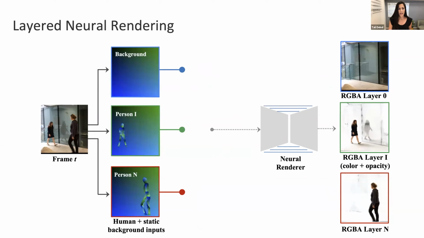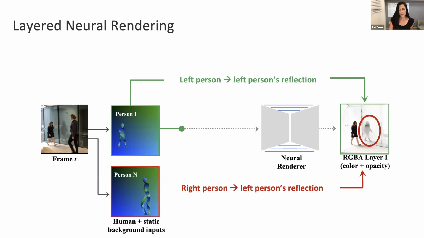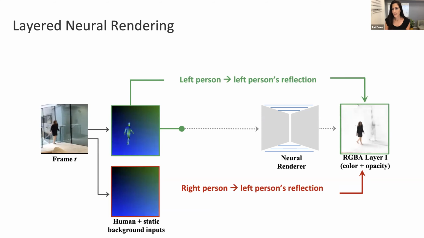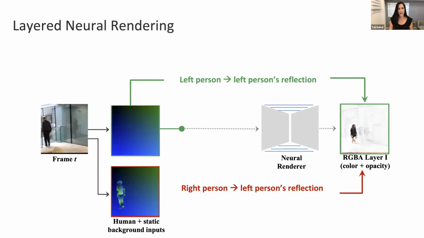Now to understand why this is important, let's take a look at this reflection again. Again, the network's task is to predict this reflection from the input that we provide. And it can predict it given the left person's input or the right person's input. Now if we take a look at this task over time, we can clearly see that there is high correlation between the left person's position or representation and its reflection.